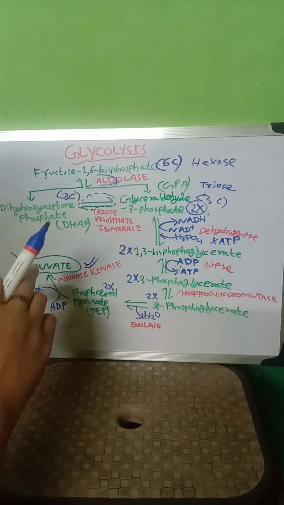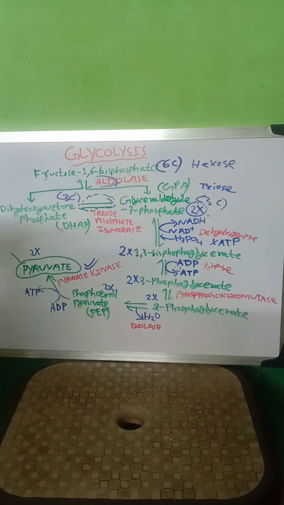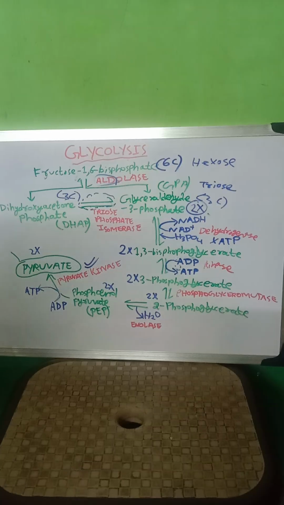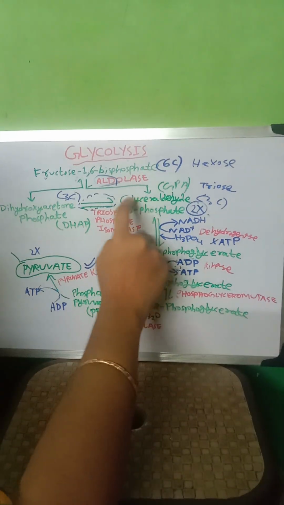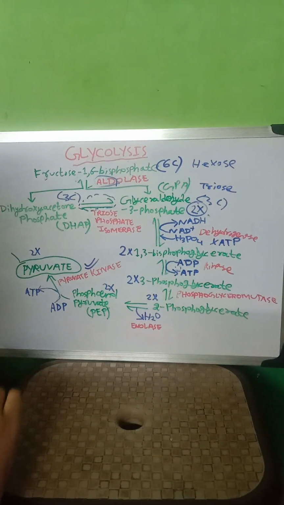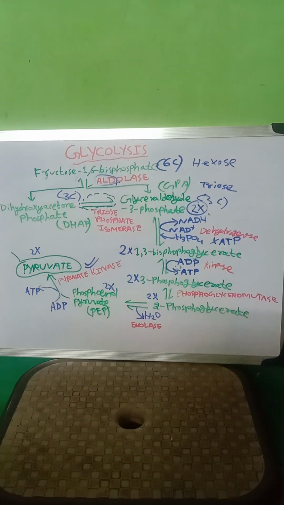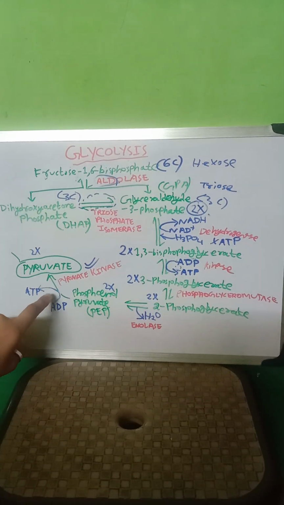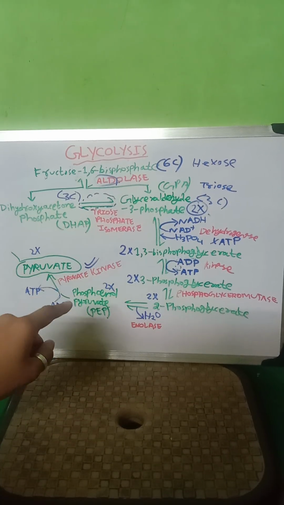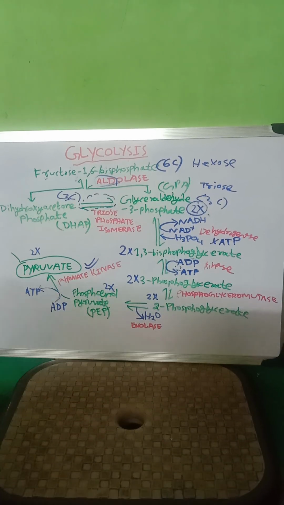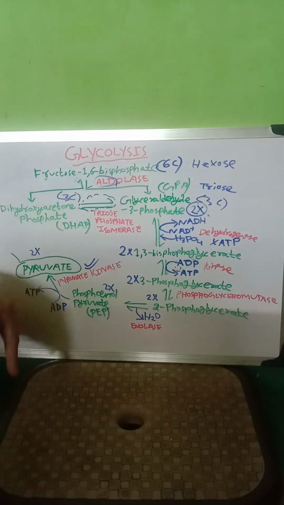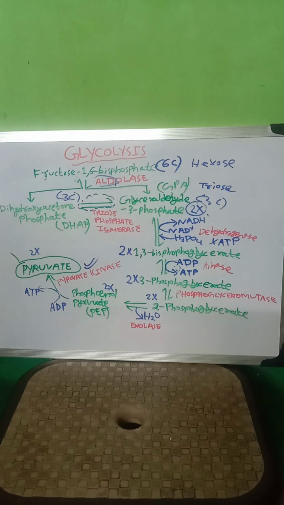Means there is no fixed reactant or product. It depends on which is more, which is less. Means this compound can be easily converted to this, and this can be easily converted to this. But in the case of irreversible steps, like for this conversion, you need a separate enzyme altogether to take this step backward.